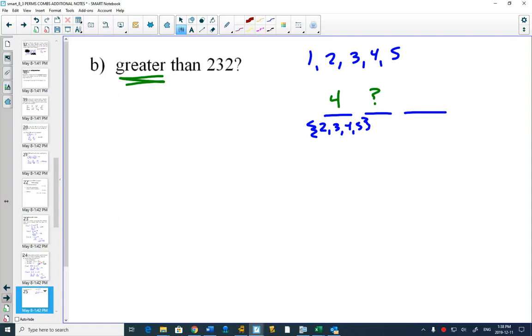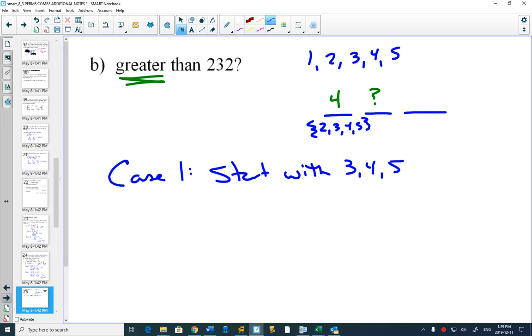And the way that I like to systematically set up my cases is start with numbers that would guarantee that it would be bigger, right? The problem's with the 2. So if I start with a 3, a 4, or a 5, then afterwards it's going to be fine.